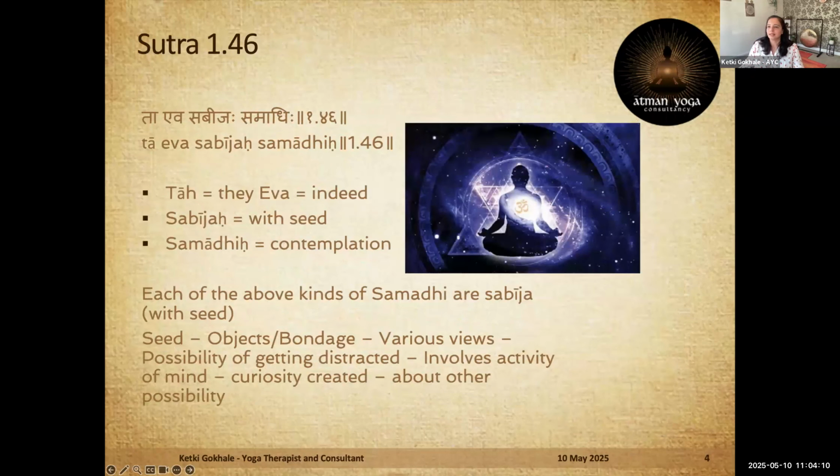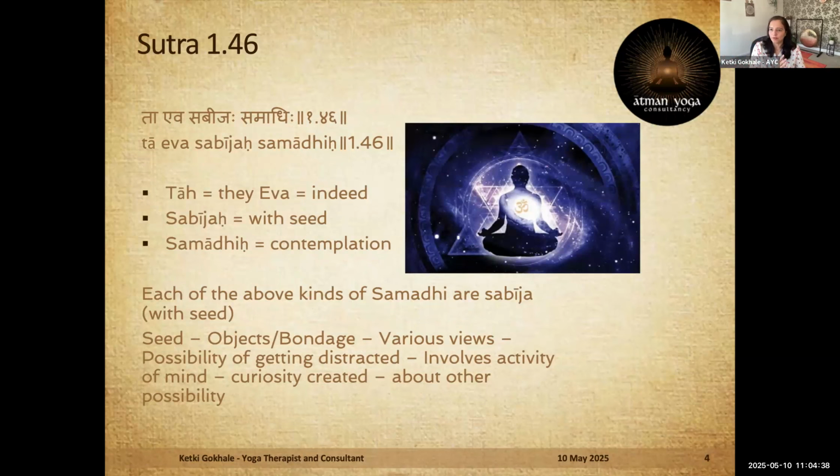So in the last session, we came up to the types, or the layers or states, of uplifting the consciousness, and they were savitarka, nirvitarka, savichara, nirvichara, right?